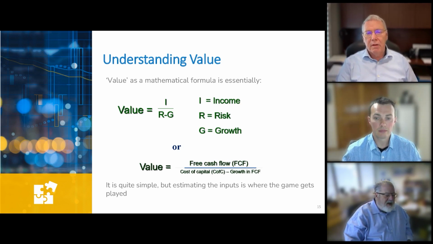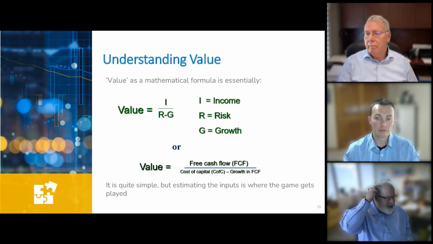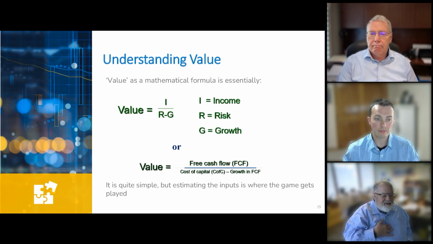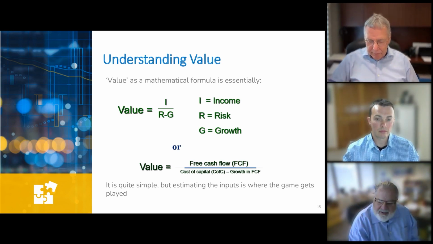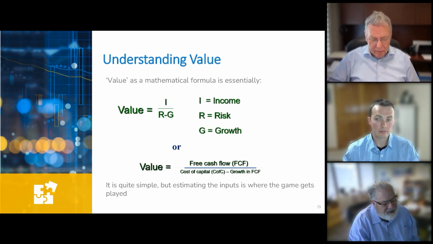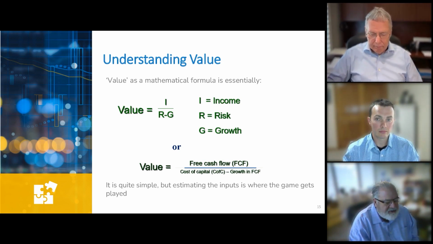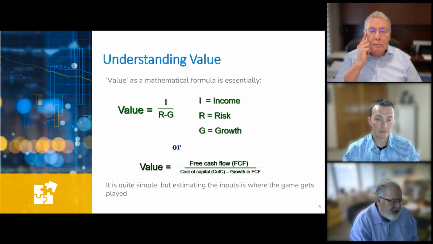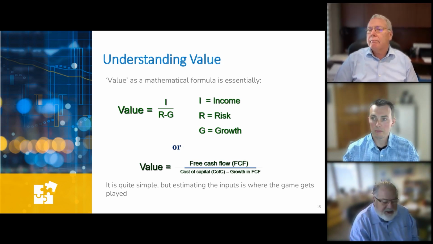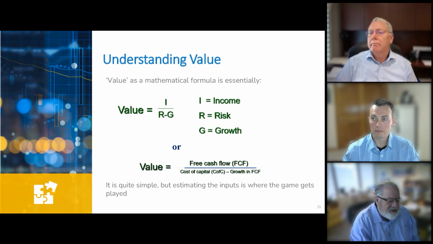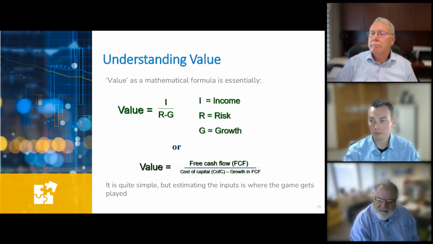Ron, any thoughts? Mike, I just mentioned that this is a schematic that I've used a few times in testimony, where I have to explain the income approach to value to a judge or a jury. And all we're talking about today essentially is the R of I divided by R minus G. And the devil's in the details.